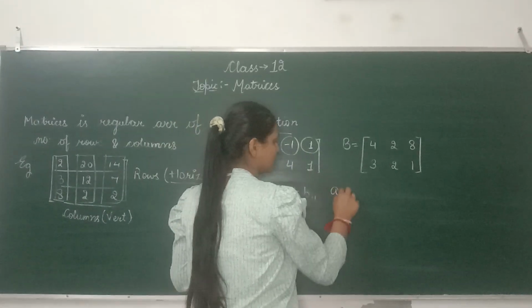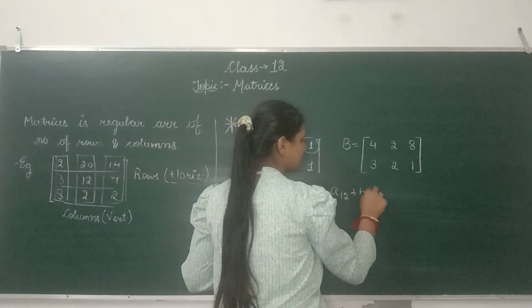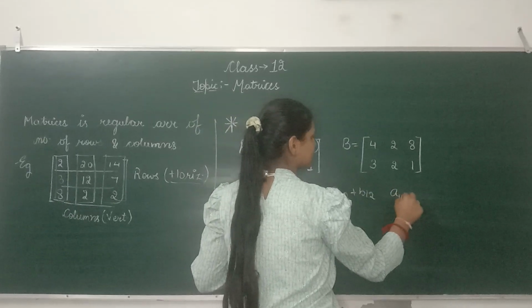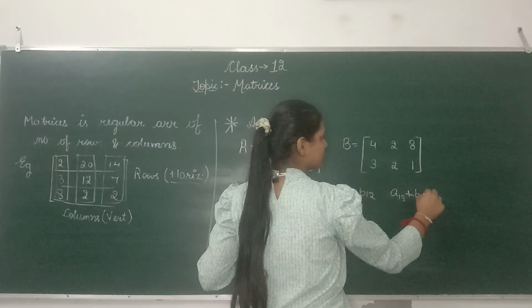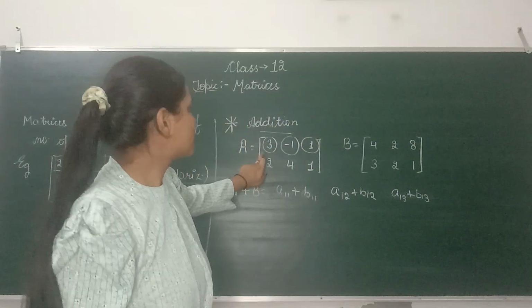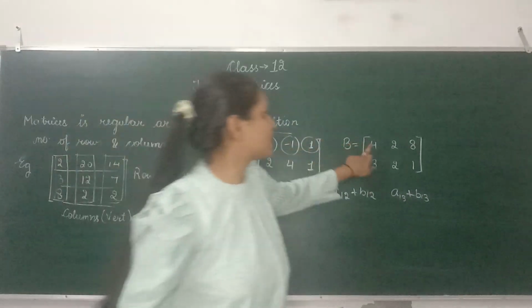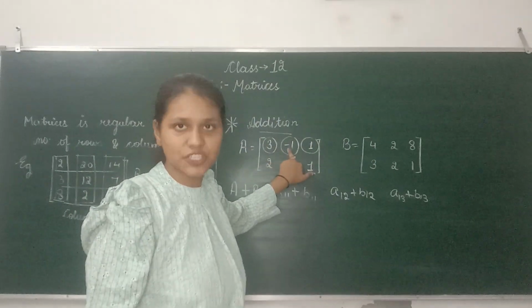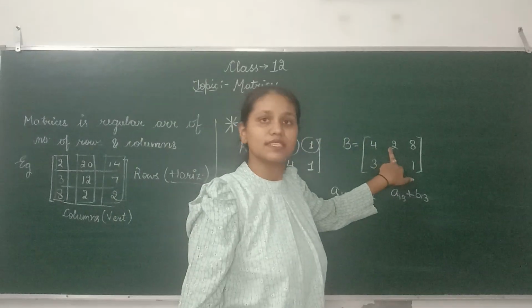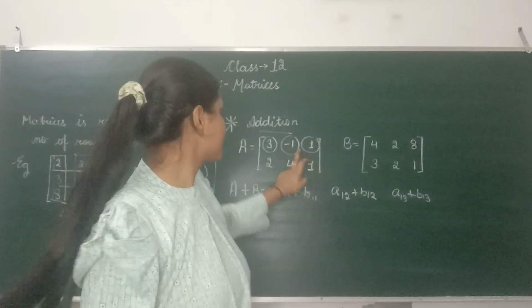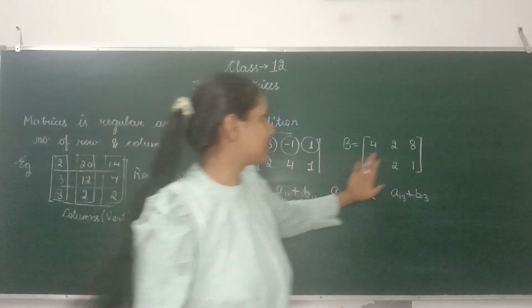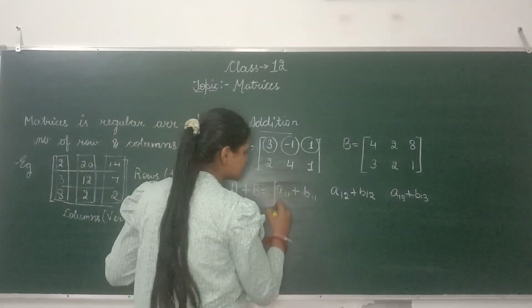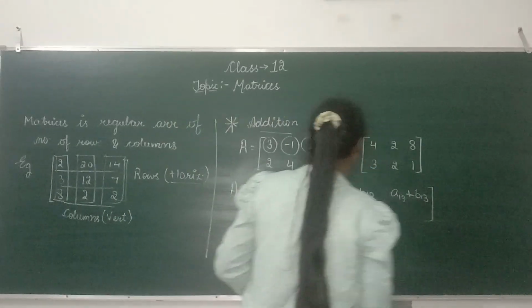This is A12 plus B12 and this is A13 plus B13. Means the first element is added to the first element of the other matrix, the second element of the first matrix is added to the second element of the second matrix, and the third element is again added to the third element of the second matrix. And this same procedure follows.